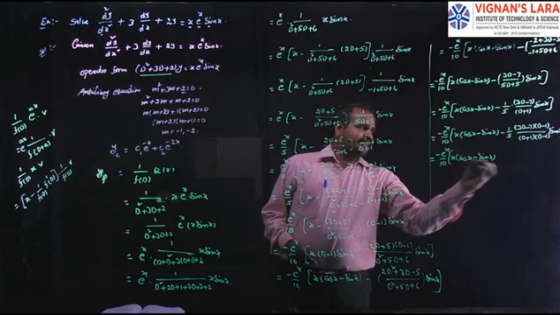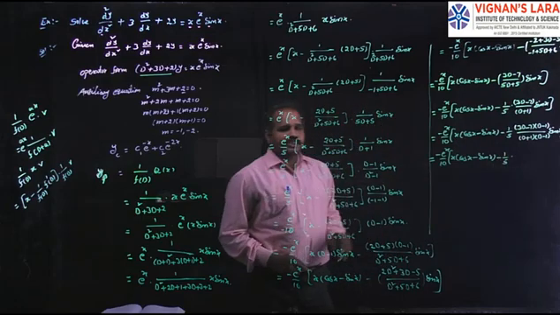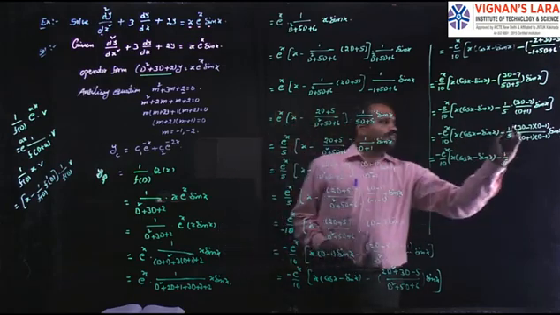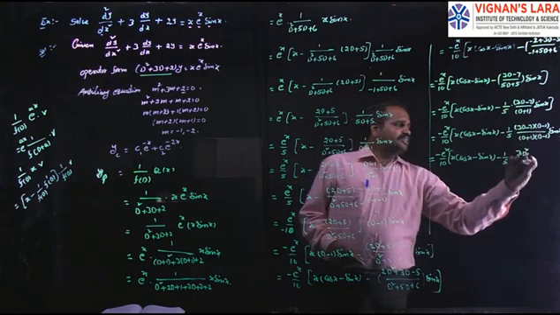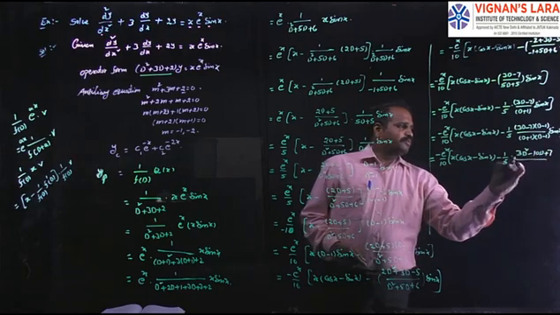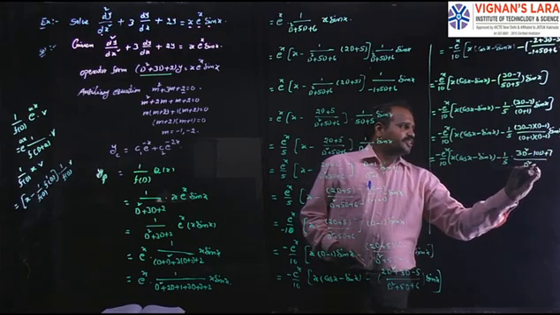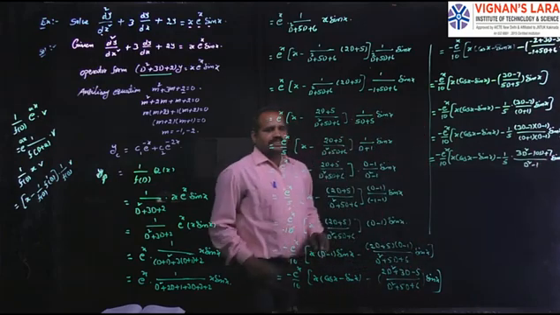This one is completed. Coming to here, minus 1 by 5. Multiply in the numerator, both are different. So 3D into D, 3D square, minus 3D, minus 7D, minus 10D, minus into minus plus 7, by D square minus 1 into sin x.